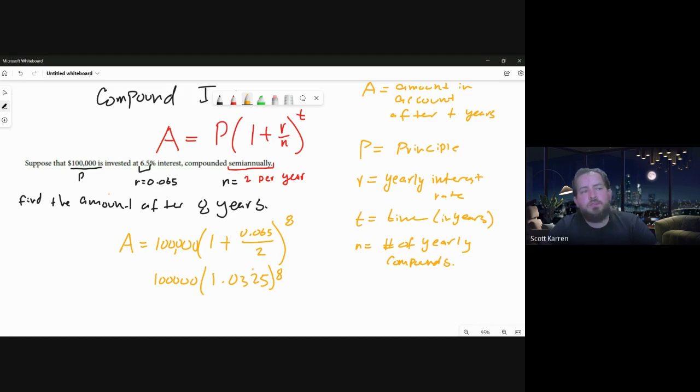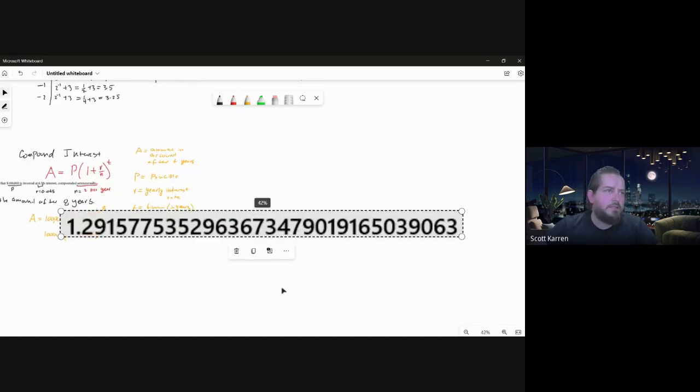Now this 1.0325 to the 8th power is awful if you try to work it out. Oh, my calculator doesn't have powers. Oh, yes, it does. To the 8th. So I get this number here. That's the number I get.